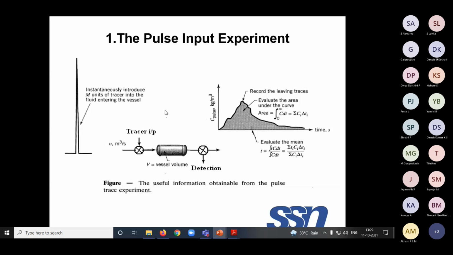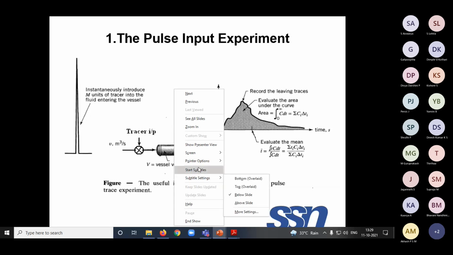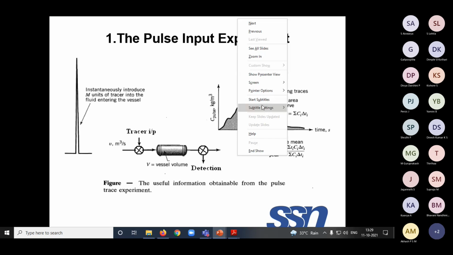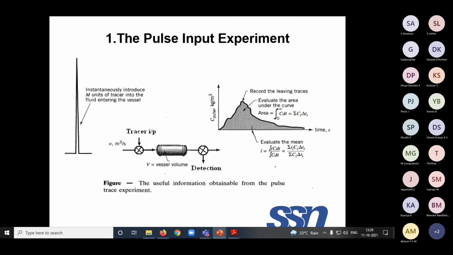Now, if you see here, there is some fluid which is coming here.